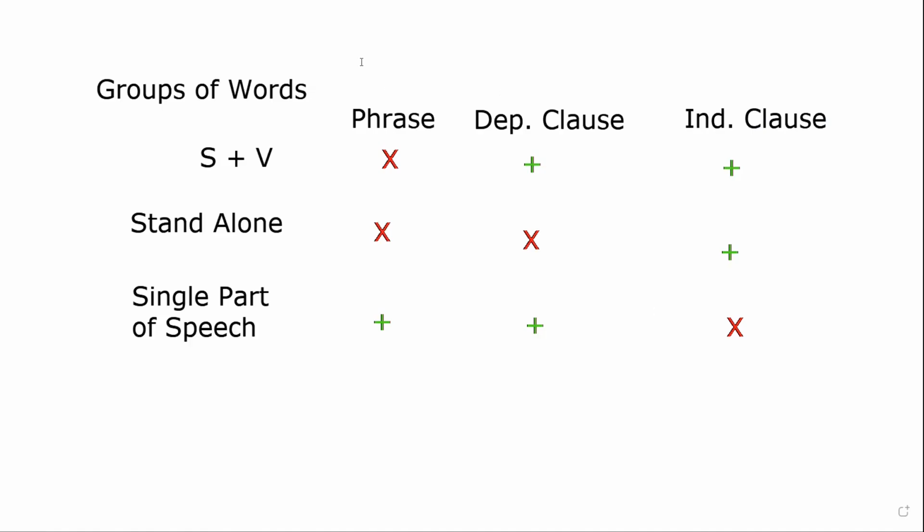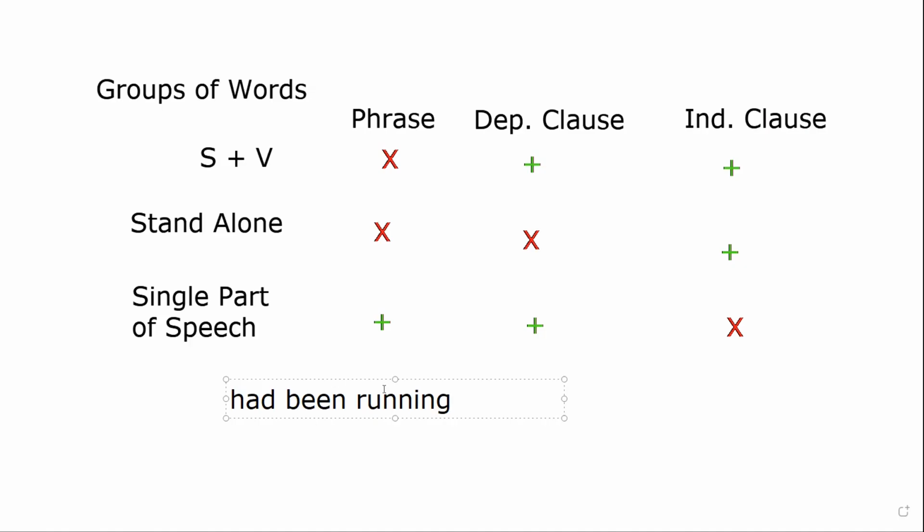So for instance, let me take a group of words, any group of words. For instance, had been running. Does it have a subject and a verb? It just has a verb, so it doesn't have a subject and a verb. Does it stand alone? No, you need a subject.